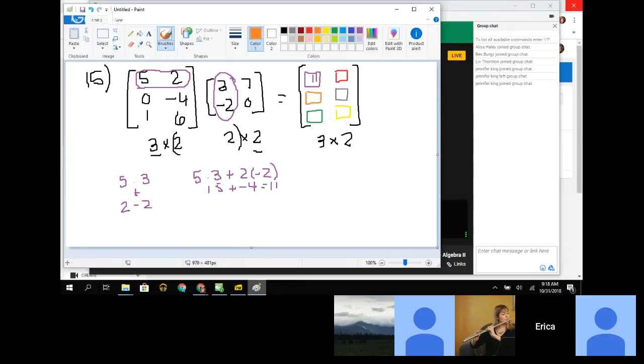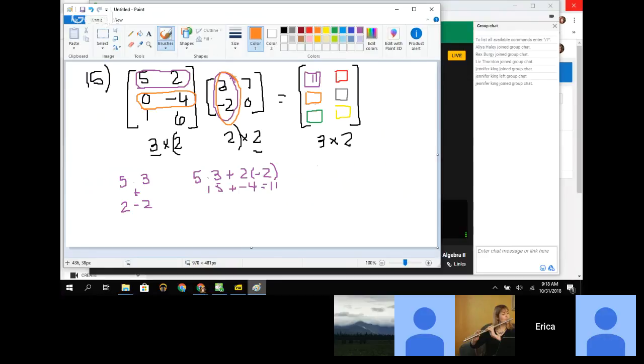All right, so now let's go to the orange square. The orange is my second row, first column. So now I go to my second row and my first column, and I'm going to do the same exact thing.